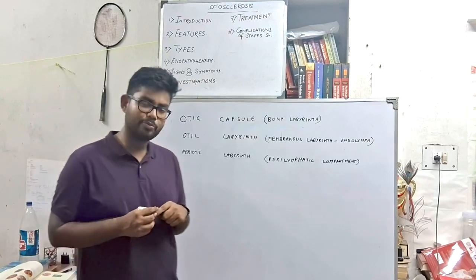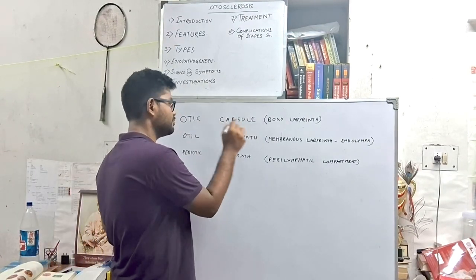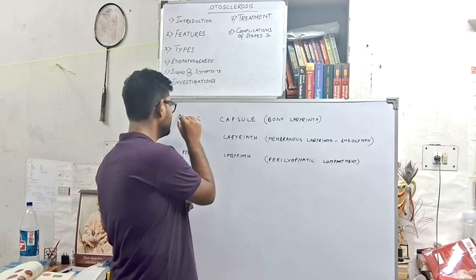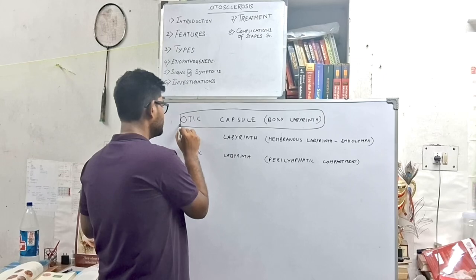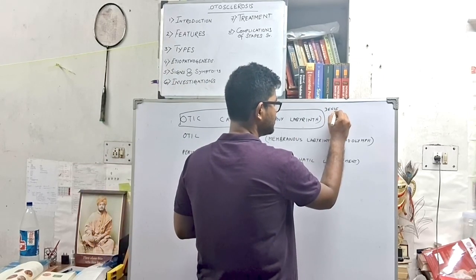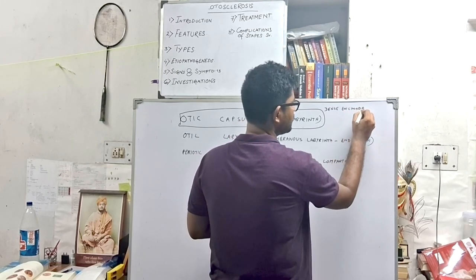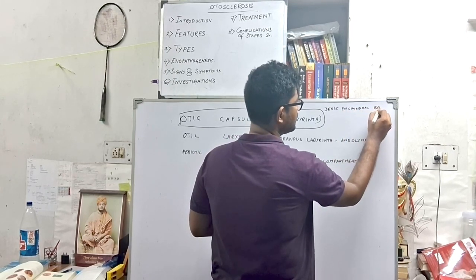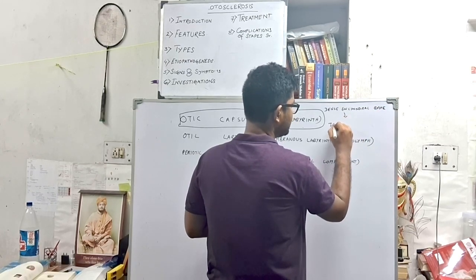So otosclerosis involves the bone of the otic capsule, so it is a disease of the bony labyrinth. What happens is dense enchondral bone gets converted to irregular spongy bone.